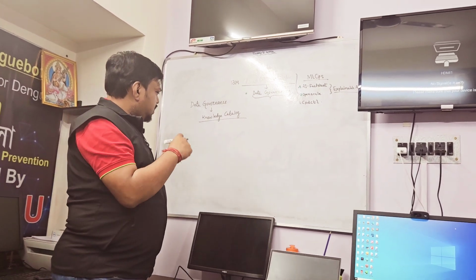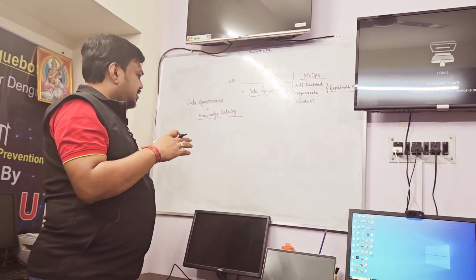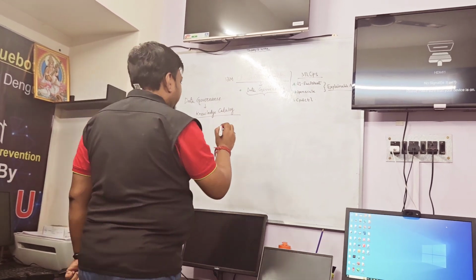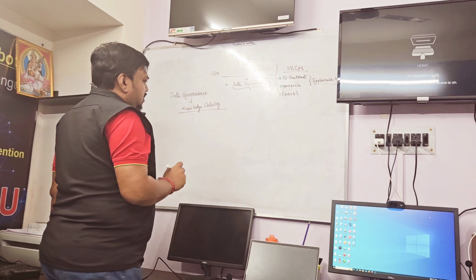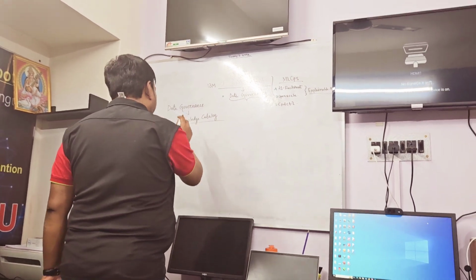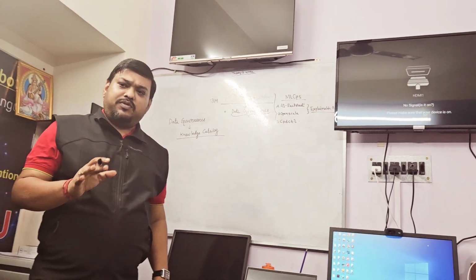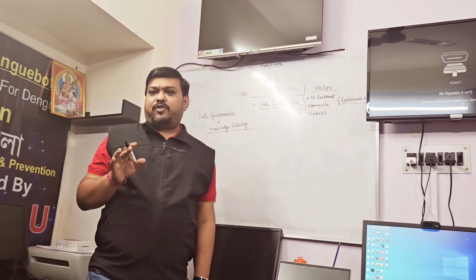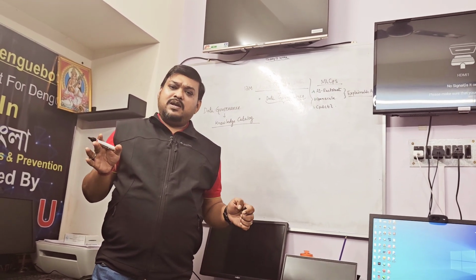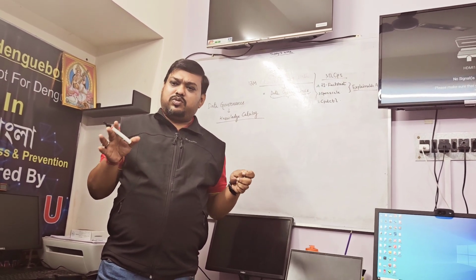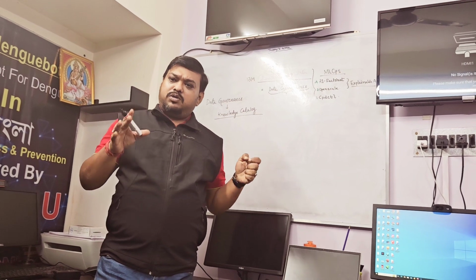IBM has restructured, integrated and divided many things. And this Knowledge Catalog is on a framework known as Cloud Pak for Data. IBM has an ecosystem, and that ecosystem is known as IBM Cloud Pak for Data.